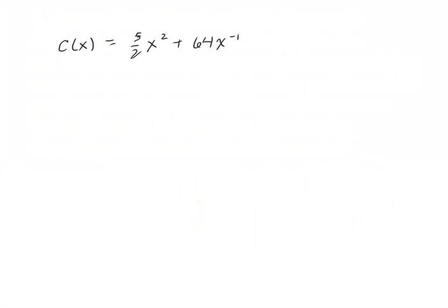Oh, before I do that, let's find the domain of this equation. Well, let's see. x is again a length, so it cannot be 0. x has to be greater than 0. And you might recall that h is equal to 16 over x squared. That's our constraint.